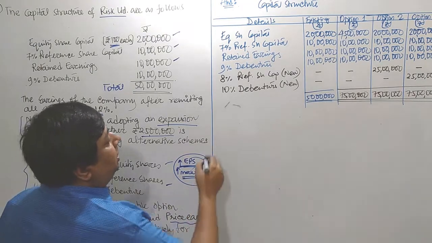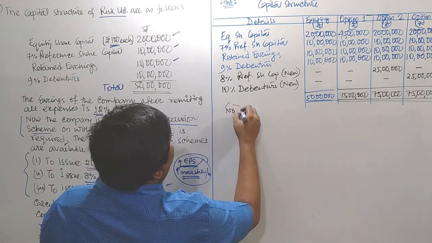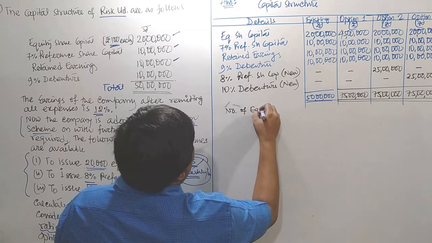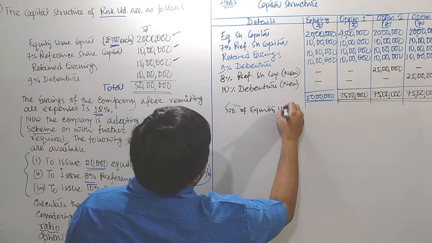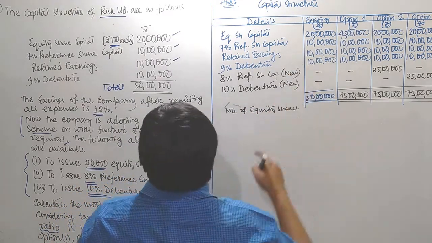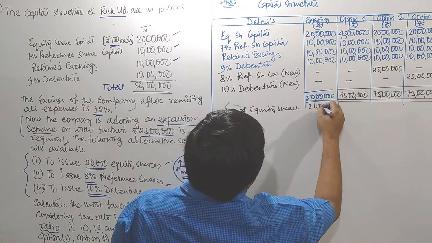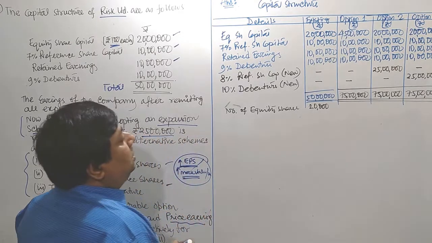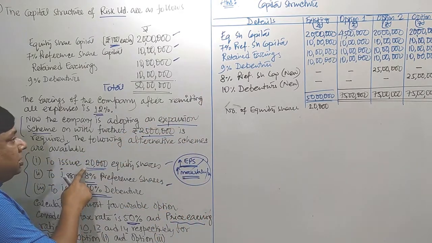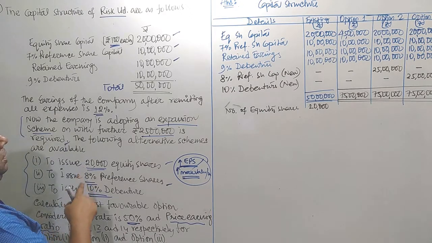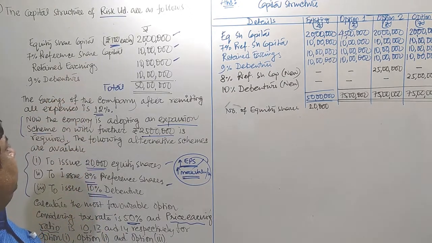For better understanding, you can add one particular piece of information here, the number of equity shares. Sometimes there is a problem in this regard. In the first case, it is 100 each, 20 lakhs, then your number of equity shares is 20,000. In the existing option, the company issued 20,000 equity shares only and value per share is 100.